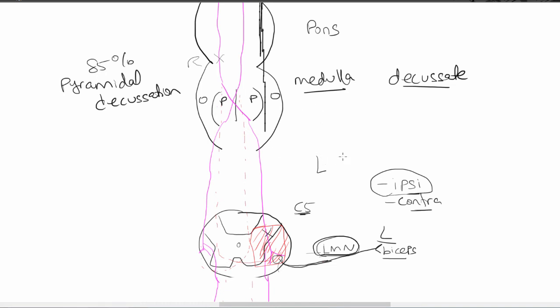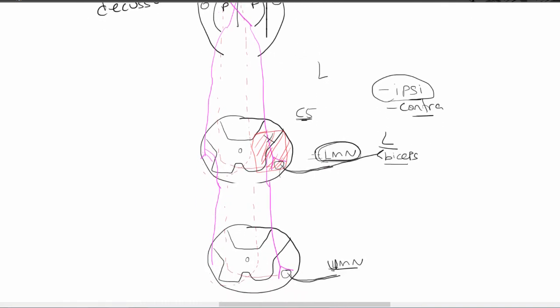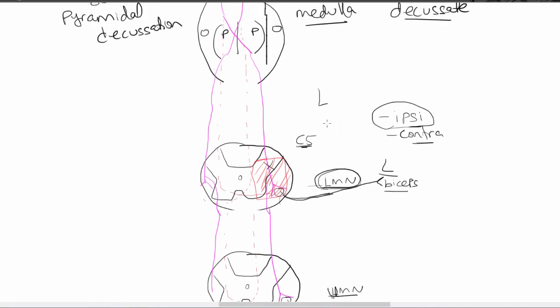The other thing we need to know is whether the lesion, if it's for example in the spinal cord, will produce lower motor neuron signs or upper motor neuron signs. We'll talk about the signs of each in the next video, but for now, let's just keep these terms in mind. If the lesion is at C5, for example, and we have a hemisection, we will get lower motor neuron signs at the level of the lesion.